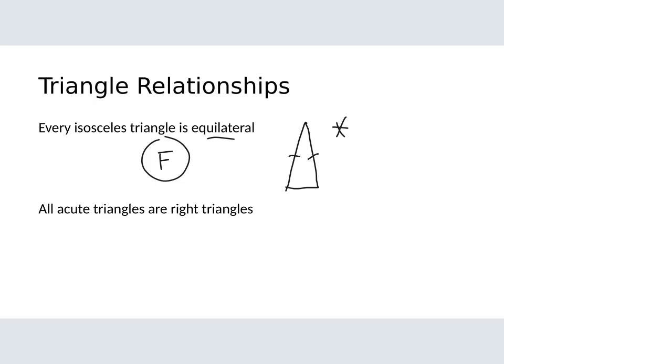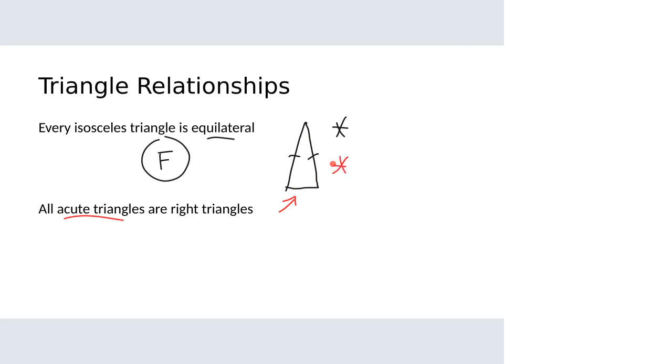All acute triangles are right triangles. Well, let's see here. All acute triangles are right triangles. So when I'm looking for a counterexample, I'm trying to find one of these that isn't a right triangle. Well, heck, if I look right here, each of these angles is less than 90 degrees, but that's not a right triangle.